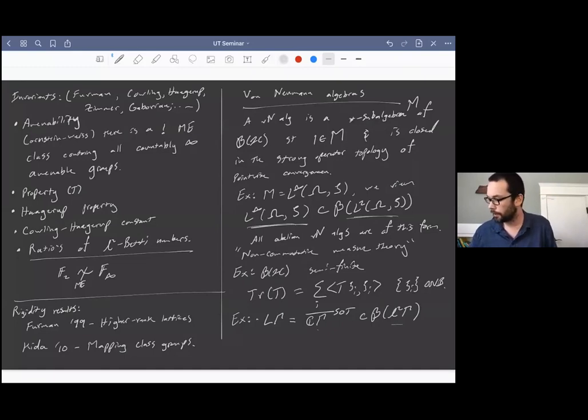So this is the group von Neumann algebra, and it also has a nice trace where we can define the trace of an element as just multiply that element times the Dirac function at the identity and take the vector state corresponding to this state. So this is a trace, meaning that the trace of xy is always equal to the trace of yx, just like the usual trace for matrices or B of H that we have up here.